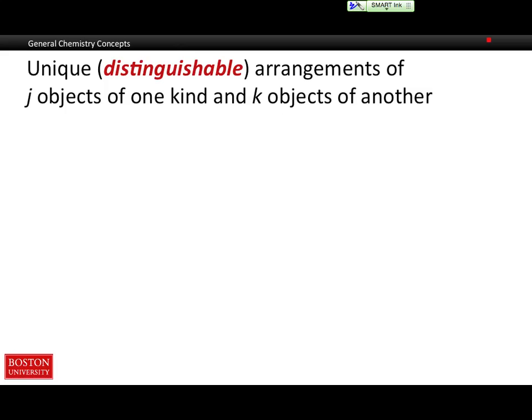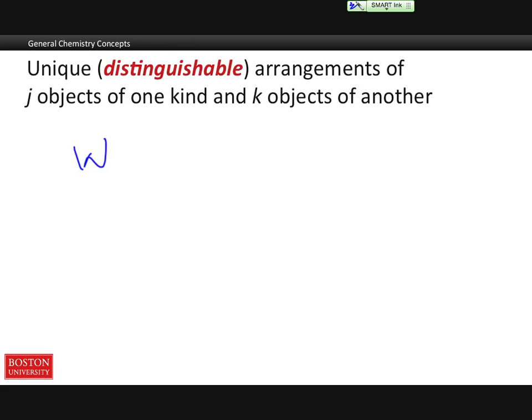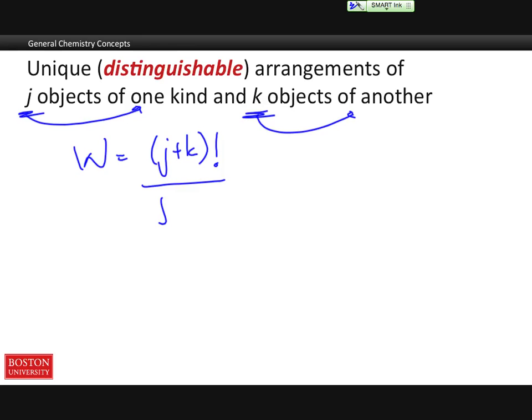So if we were to write a generic expression for the number of ways for arranging particles, j objects of one kind and k objects of another kind, we would write j plus k, that's the total number of objects, factorial. But since there are j degeneracies of one and k degeneracies of the other, we would divide by the degeneracies j factorial times k factorial.